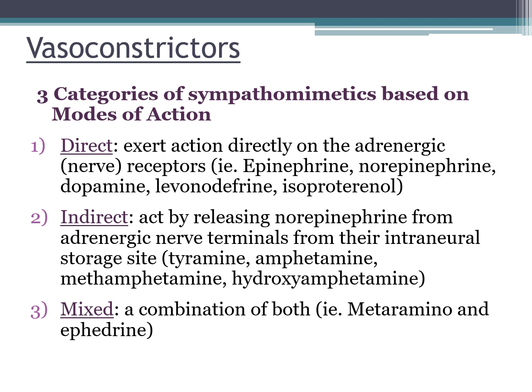Indirect act by releasing norepinephrine from adrenergic nerve terminals from their intraneural storage site, like methamphetamines, hydroxyamphetamines, amphetamines and tyramines. Mixed is a combination of both, like metaraminol and ephedrine.